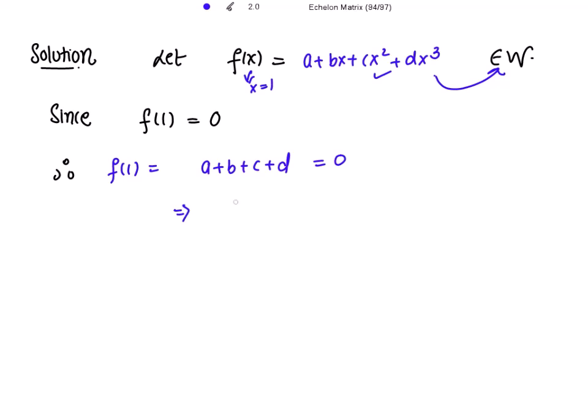So from here we say that the value of a is equal to the negative of the sum of b, c and d.